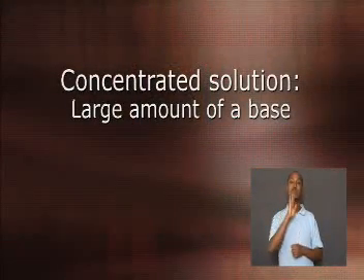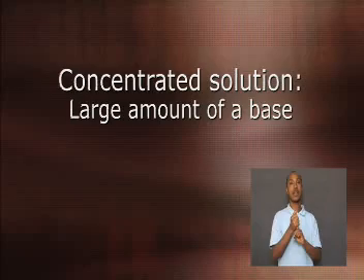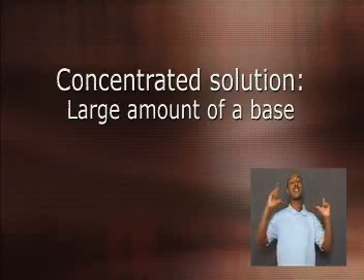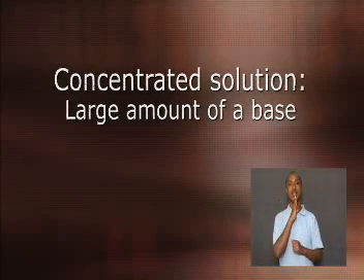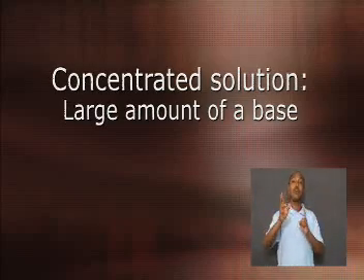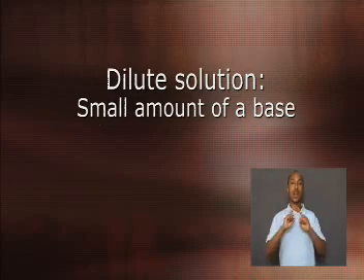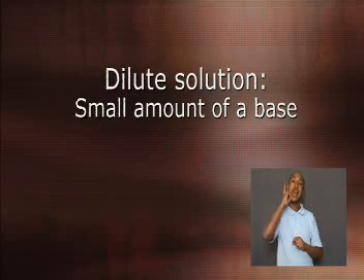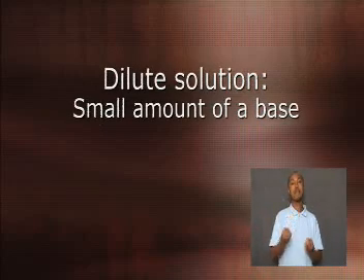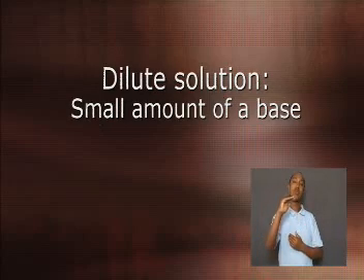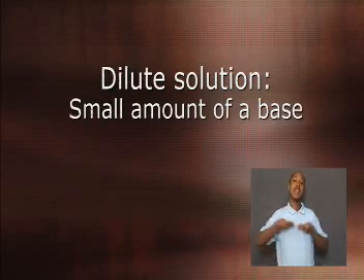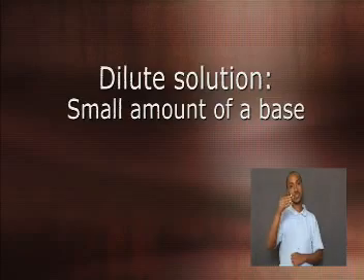Concentrated bases contain a relatively large amount of a base in a given volume of solution. In contrast, dilute bases contain a much smaller amount of a base in a given volume of solution.